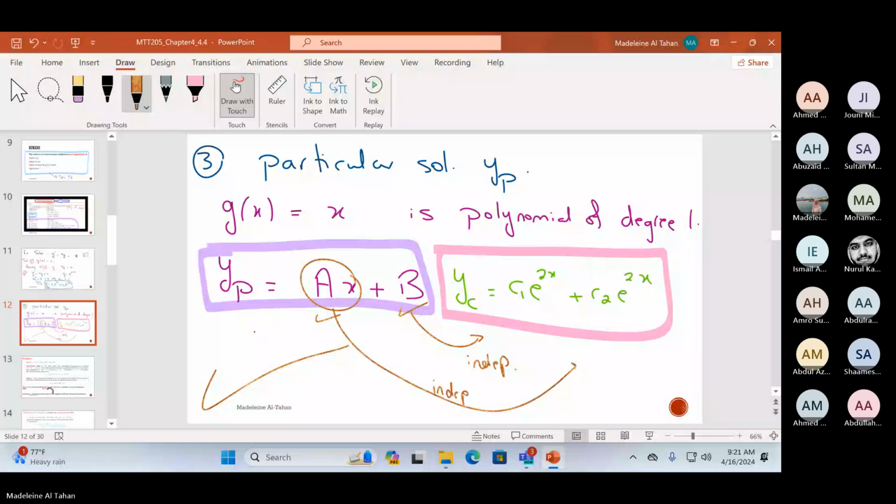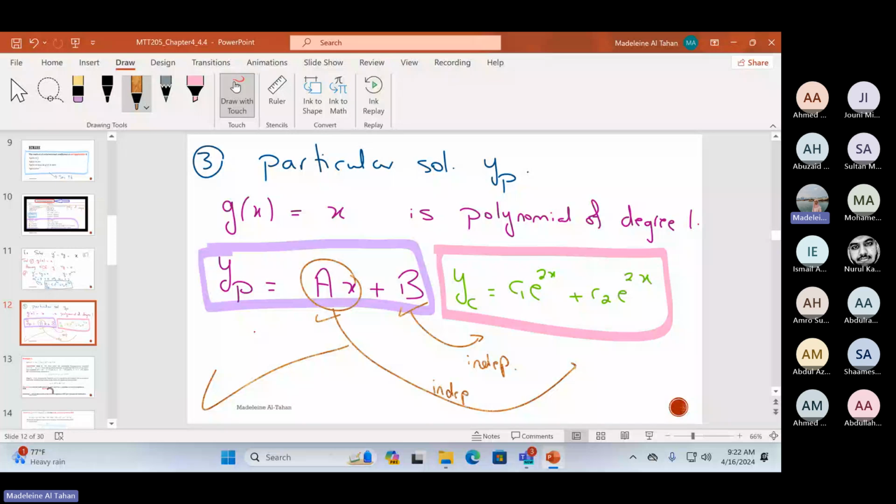Okay? Any questions? Can you repeat it, miss? Yes. Why the Ax? We did not take it. Why what? The x or the A? I'm saying that here in Yp, we said that this is a trial particular solution.